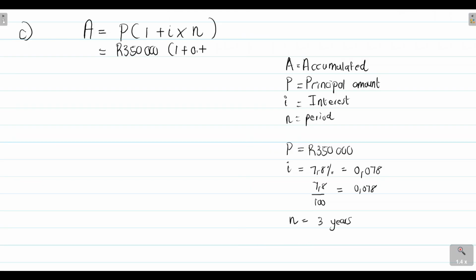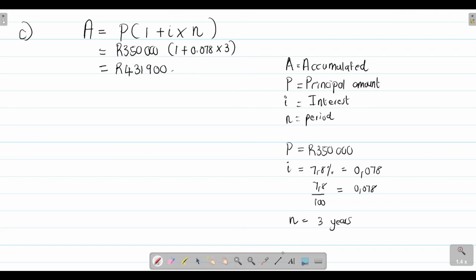It's 0.078 multiplied by your 3. If you punch that into your calculator, you will find that at the end of the 3-year period, Shariah would have paid her mom back 431,900. All right, so that is the final question.